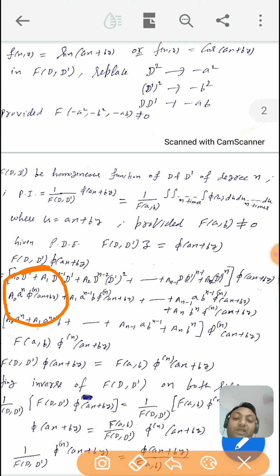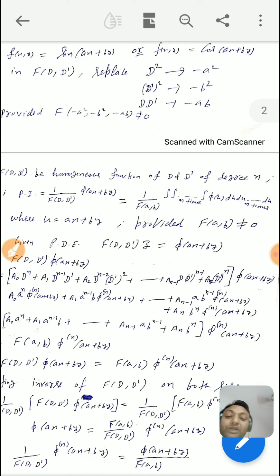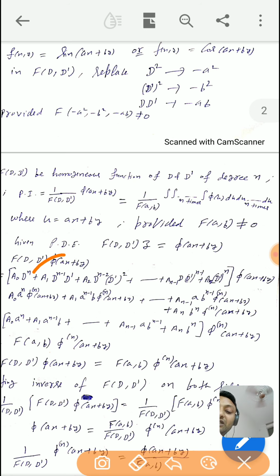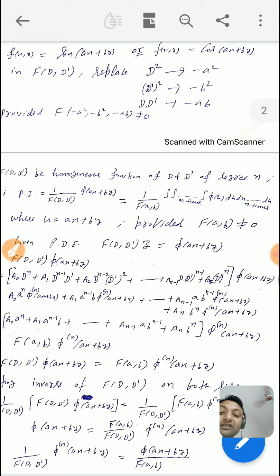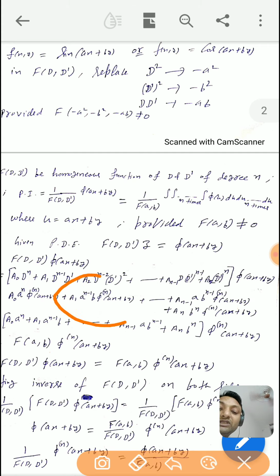Similarly, when we operate the second term on this same function, we differentiate partially n minus 1 times with respect to x, and one time partially with respect to y, so the total derivative is n times.